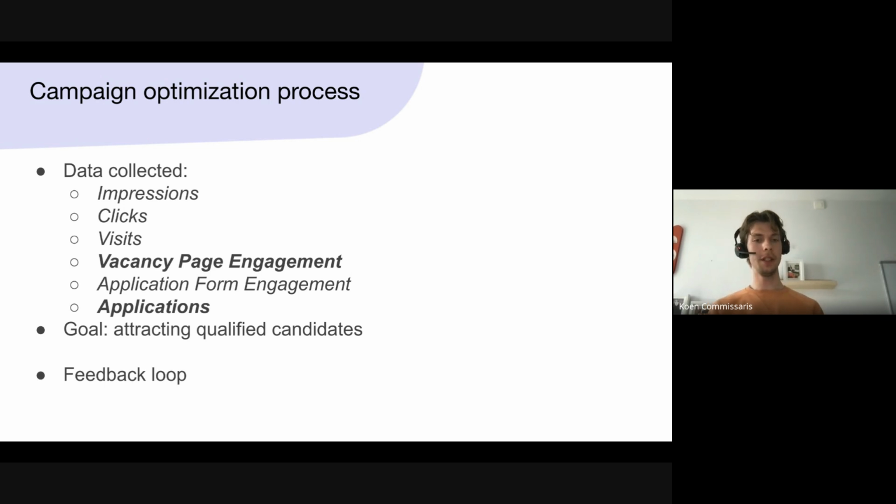So this feedback loop, which I will visually demonstrate in a minute, is a very important part of the campaign optimization process, because based on what people actually do when they land on the vacancy page and the application form, our software will learn from that to be able to give the data back to the different social media channels and tell them, okay, these are the people you should target more, and these are the kinds of users or people that are less likely to convert to an actual application.